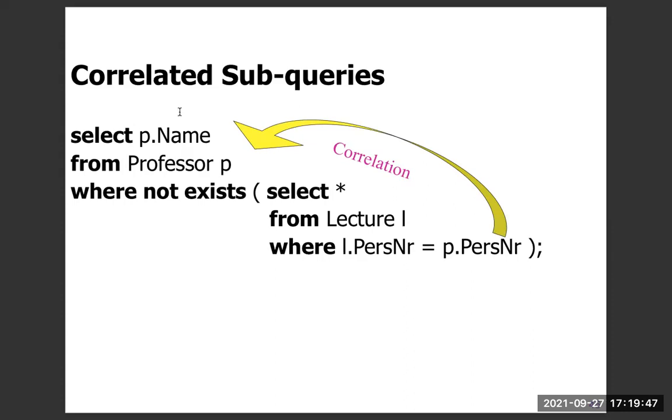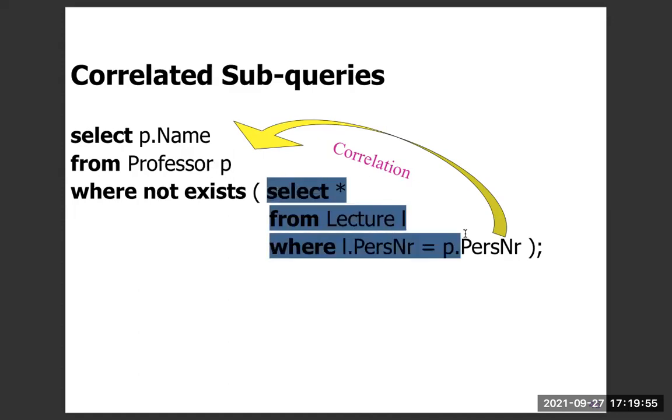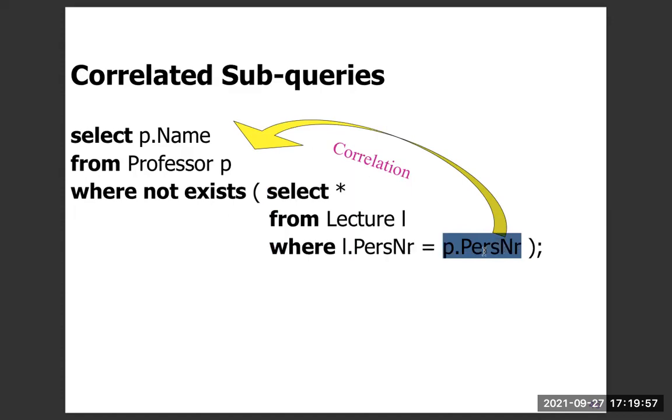For logic like this, I want to loop through professor, and for every professor, I run this query, substituting the professor number here, and that's called correlation. So I have the current record in my loop for professor, and I get a single value for professor number, substituted in the internal query, in the subquery, and then it is executed.